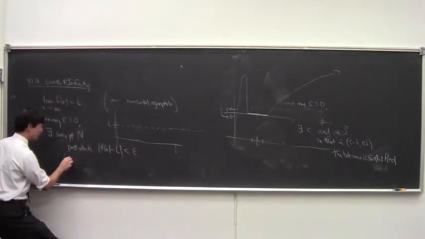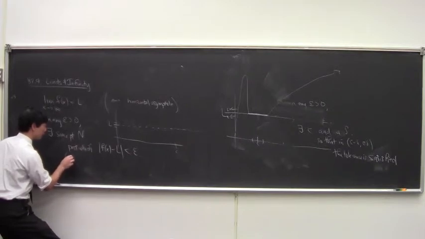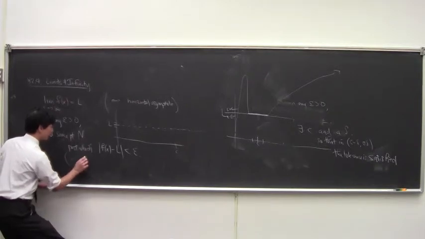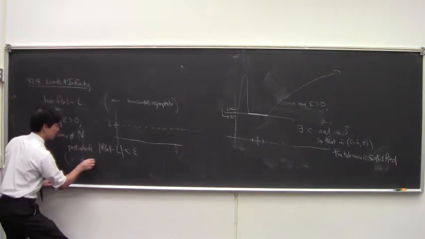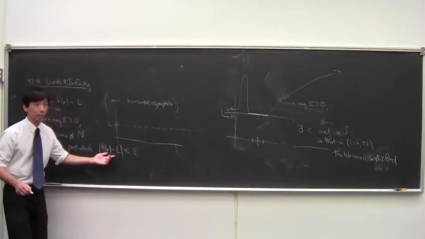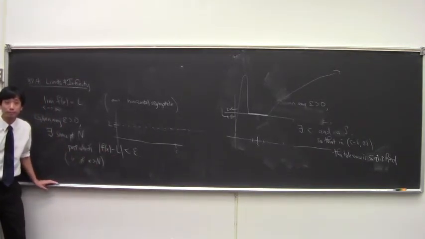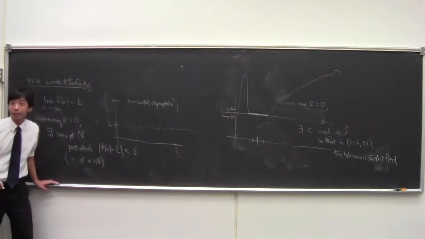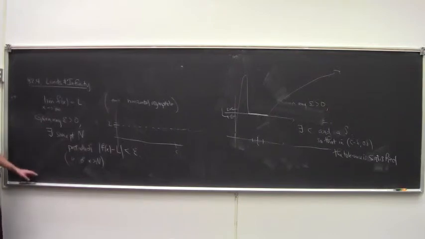By past which, I mean if x is bigger than n, then f of x minus L is less than epsilon. And that's the definition of the limit being L as x goes to infinity.